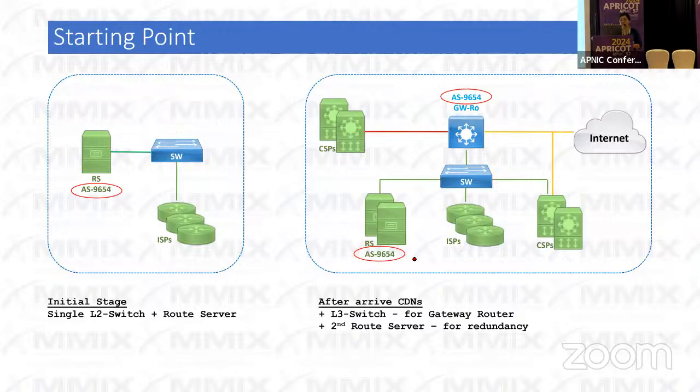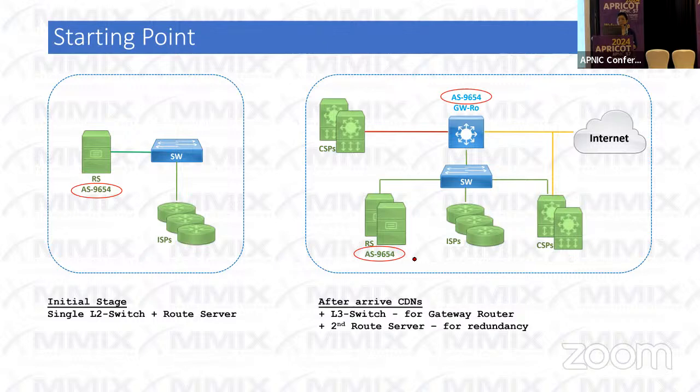After these CDNs arrived, we needed an enhanced network. But for these CDNs, we have to fill IP transit. So we need a layer 3 device, that means a router. But according to our budget, we decided to use just a layer 3 switch. We deployed a layer 3 switch acting as a gateway router. So we are filling IP transit traffic to these CDN boxes.